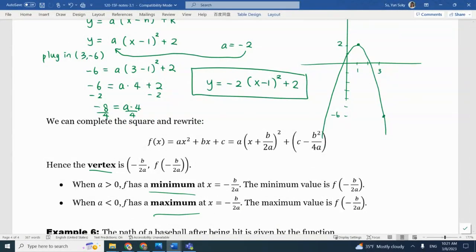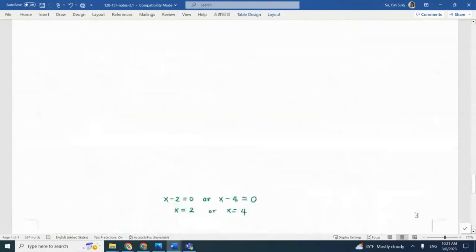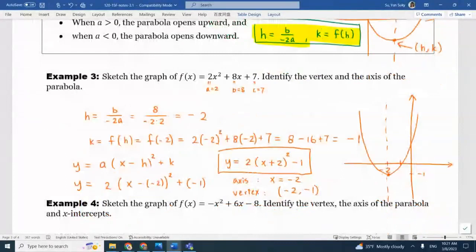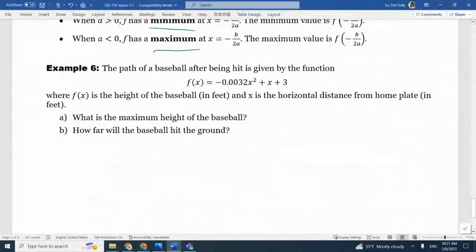It depends on the picture. Look at this picture. The vertex is a max or min? Max, right? And look at this picture. Your vertex is max or min? Min. Okay, yeah, so that's it. Because we are behind schedule, I will let you do example 6 at home. Okay?